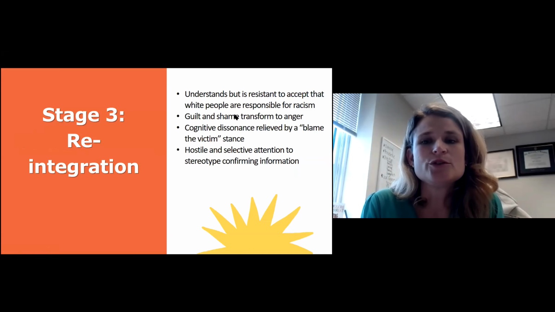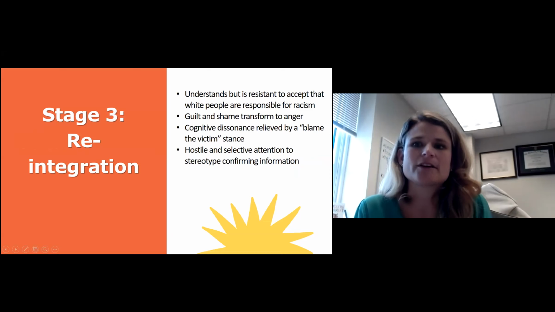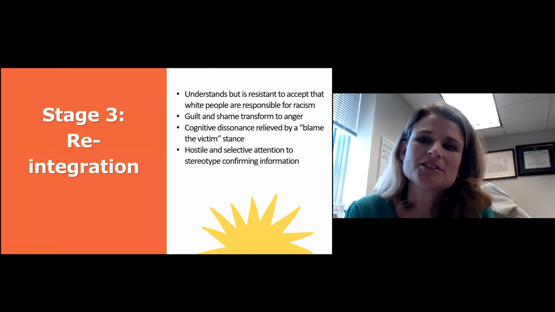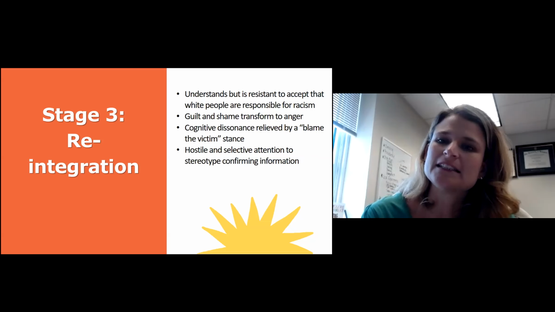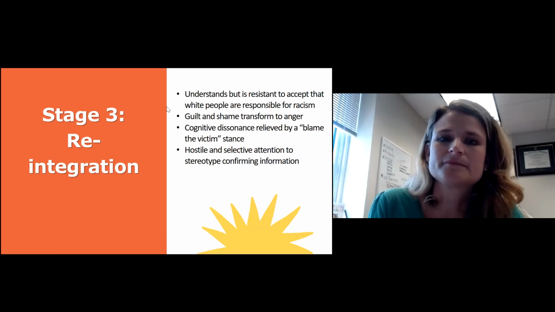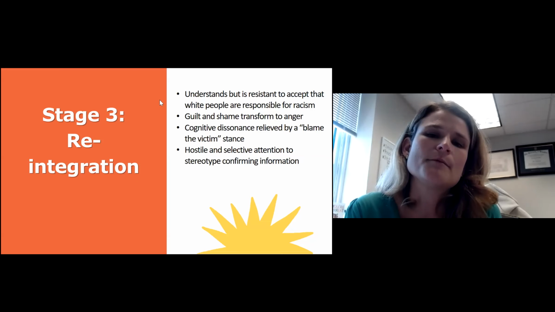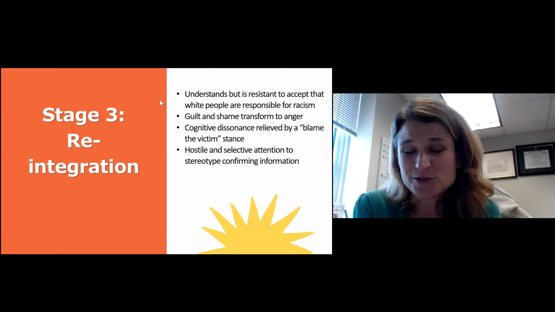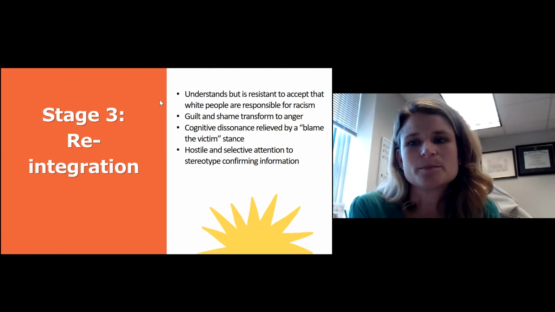And so usually what happens next is what's called stage 3, reintegration. There's a general understanding that, yes, white people are probably responsible for racism, but that guilt and shame usually tends to turn towards anger at this phase, and it's sort of a blame-the-victim stance.